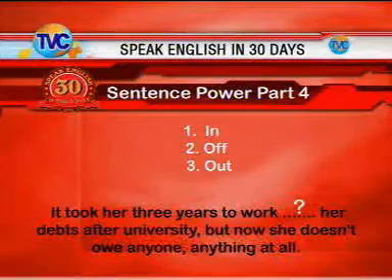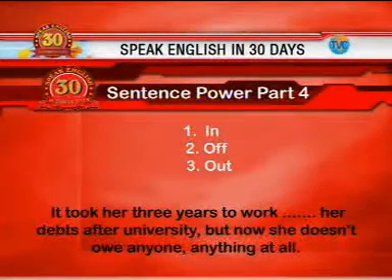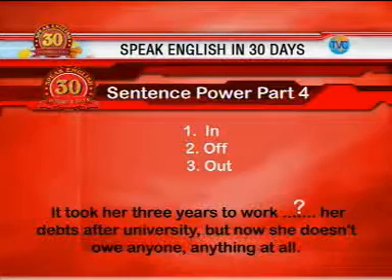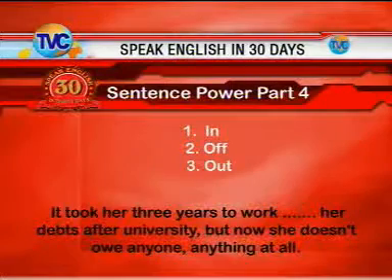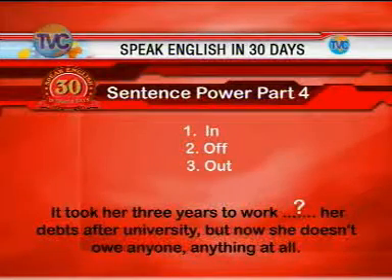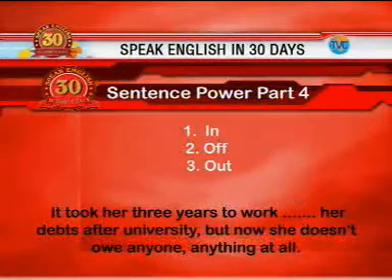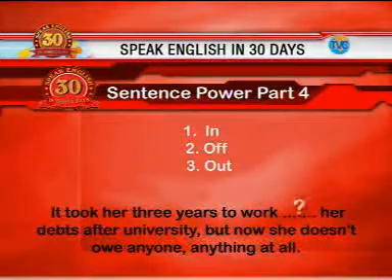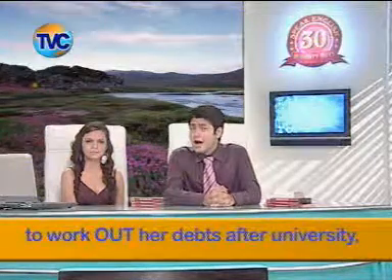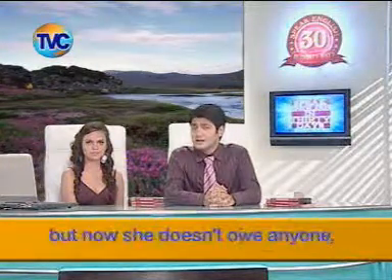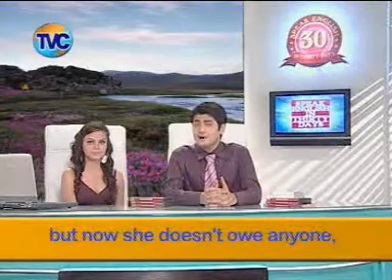It took her 3 years to work her debts after university, but now she doesn't owe anyone anything at all. In, off, out. The correct answer is out. It took her 3 years to work out her debts after university, but now she doesn't owe anyone anything at all.